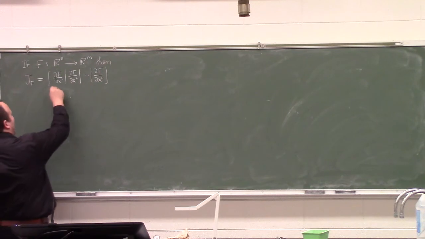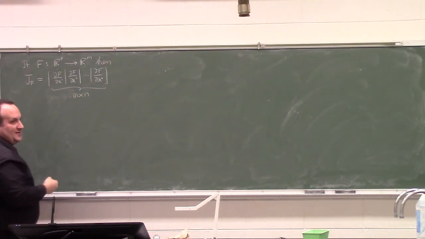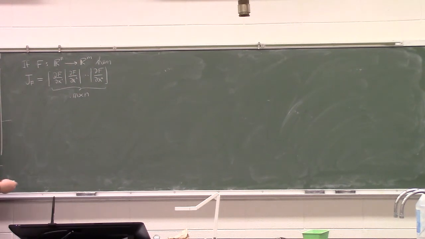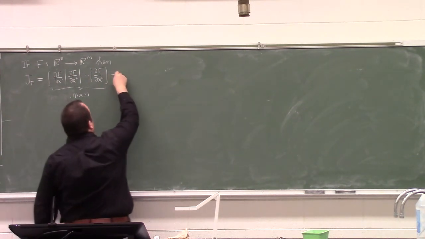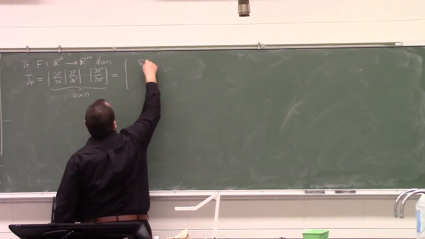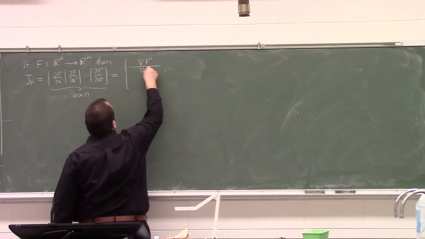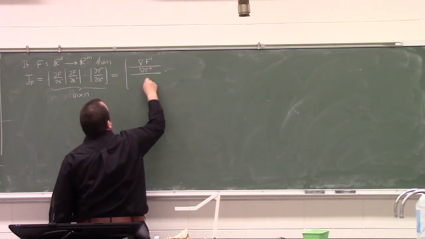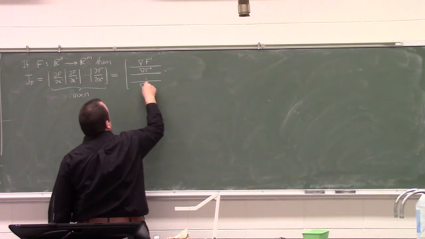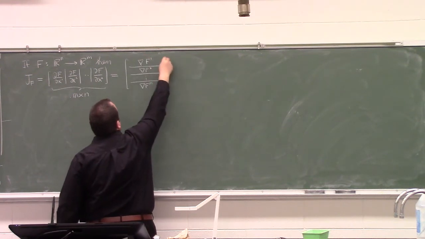So this is an m by n matrix. M as in mommy, n as in nanu, as we discussed. And flippity floppity, you could also write this as a stack of gradient vectors. This is the gradient of the first component function, the gradient of the second component function, and so on, up to the gradient of the mth component function, and you can write it like that.